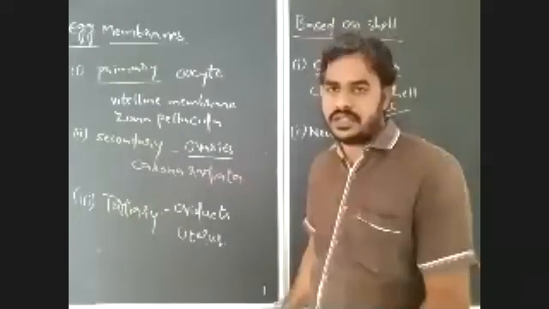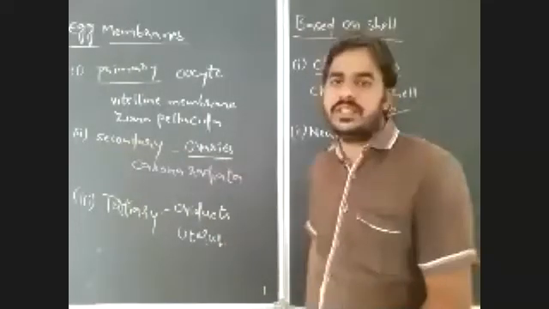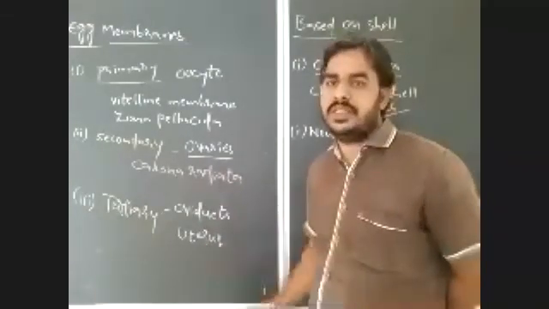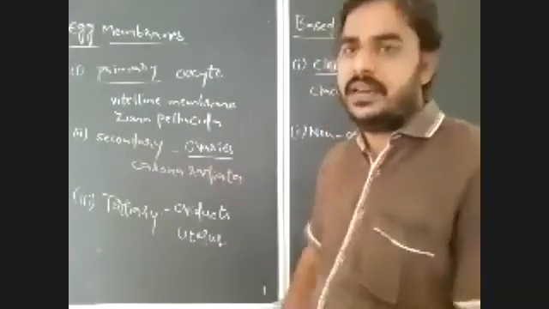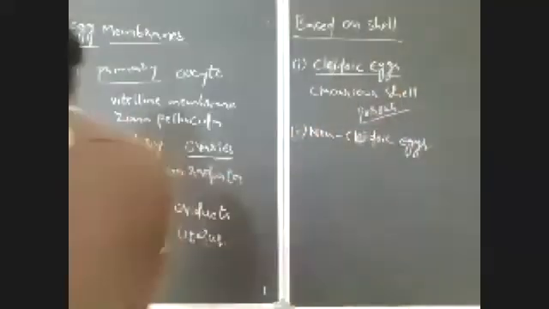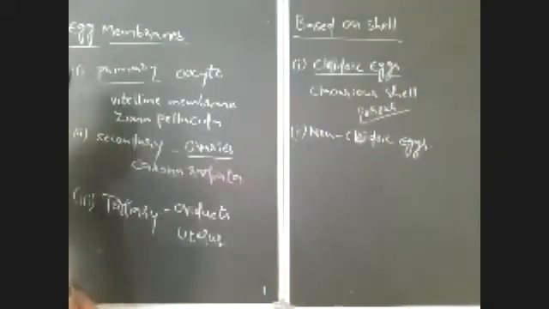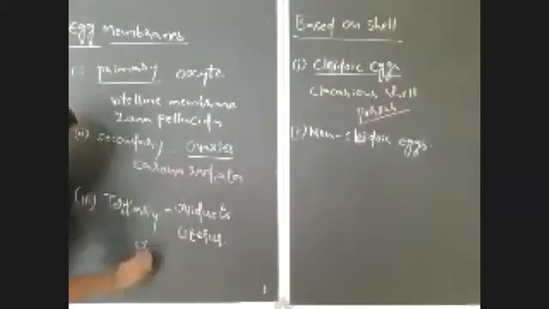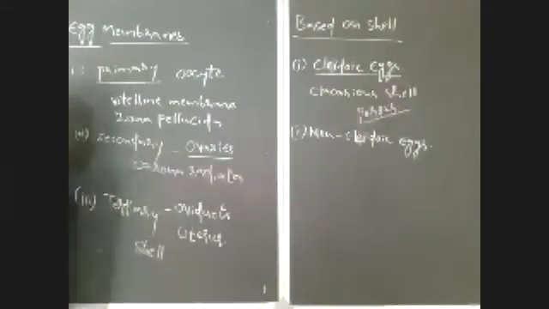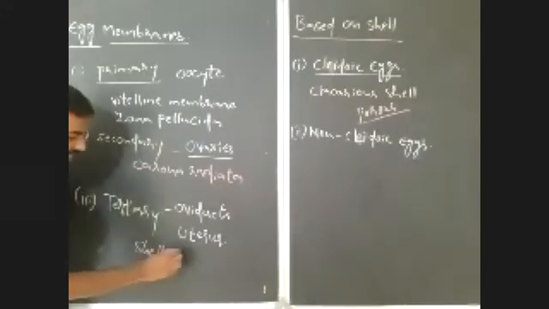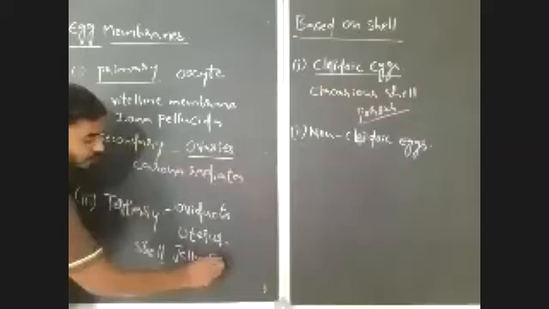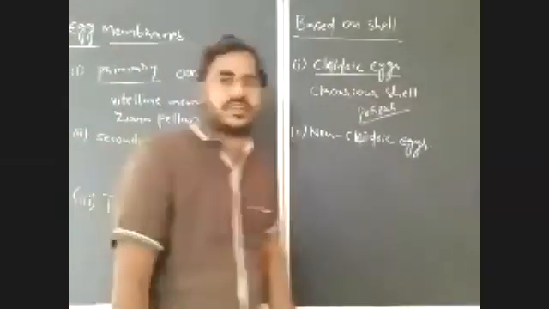So what are the examples for these tertiary membranes? Actually, in the human egg we cannot notice these tertiary membranes, but in some other animals like amphibians and cleidoic eggs, there are the shell, the jelly coat in amphibians, the shell in cleidoic eggs, and the shell membrane.